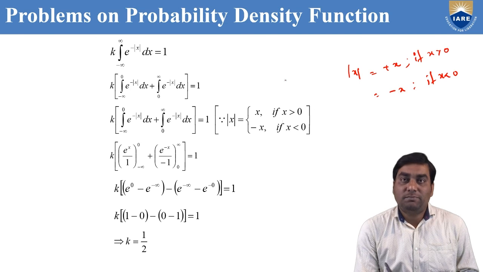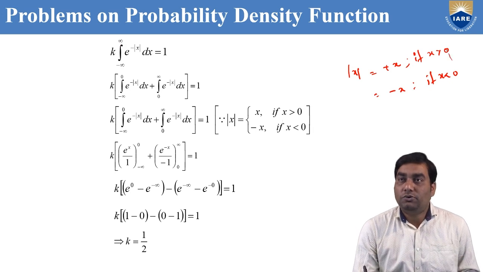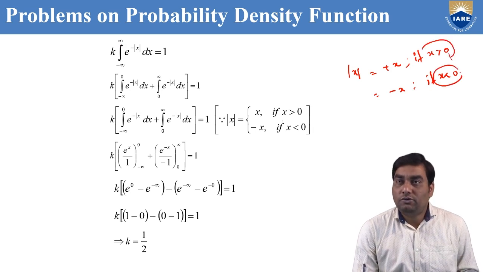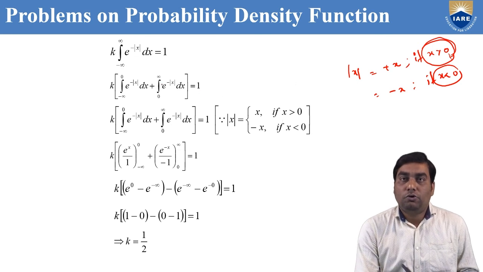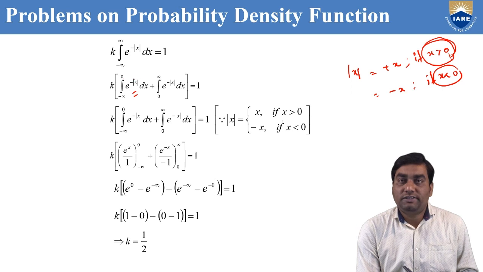Like that, we can split the integration from minus infinity to infinity into minus infinity to 0 and 0 to infinity, because we don't know the exact value of mod x. That's why we split into plus x or minus x. In minus infinity to 0, mod x is minus x, so that will be plus x in the exponent.